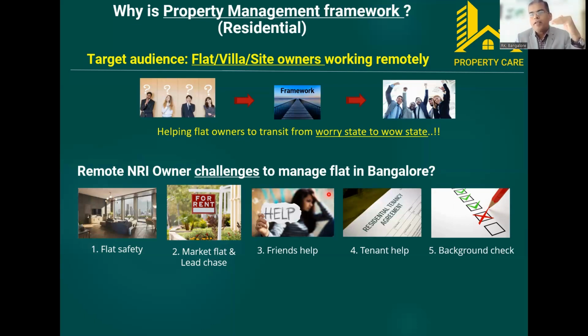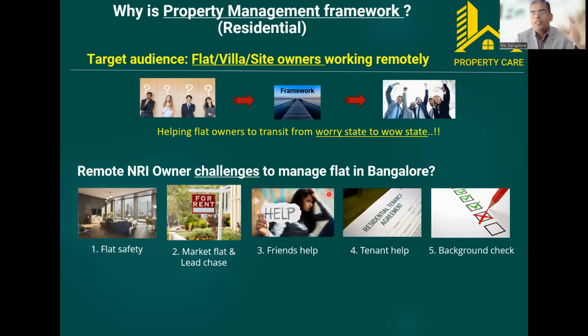We meet them, and with experience we can make out whether this particular tenant can meet our expectations, for example, the rent. If we don't do a proper background check, that guy will not pay the rent on time.